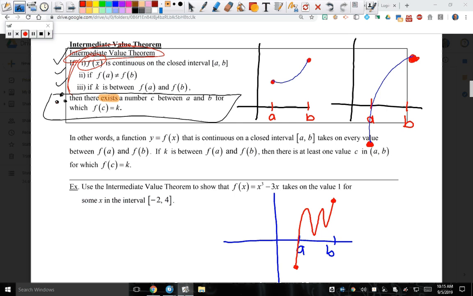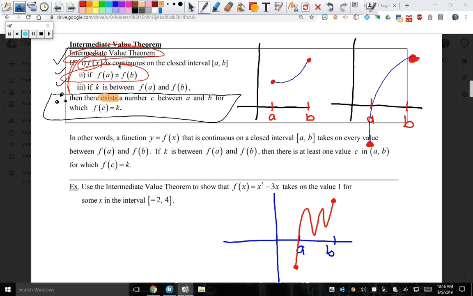Okay, so now, condition number 2: f of A cannot equal f of B. Matthew, what does that mean in layman's terms? In simple terms, pretend I'm in 3rd grade. Break it down to a 3rd grader. The y when it's at A cannot equal the y when it's at B. Perfect.